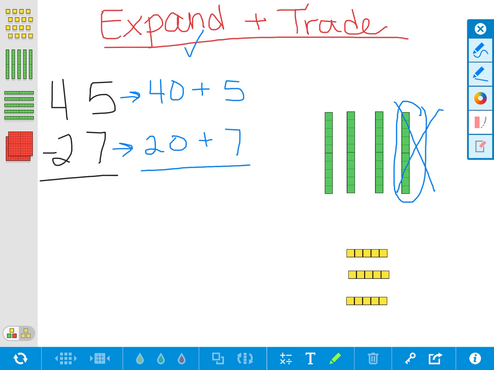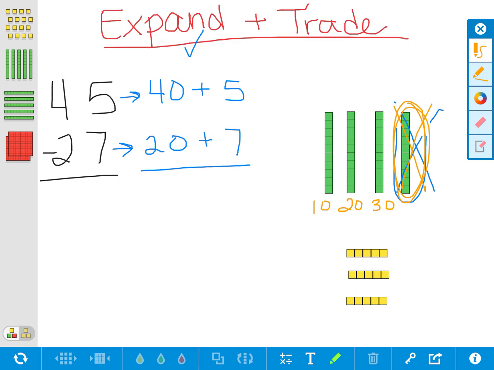Now before I do any subtraction from what I have with my place value blocks, I want to show what I just did over with my numbers. So I traded in this 10 right here. And how much did I have left? I had 10, 20, 30. So how can I show that over here?